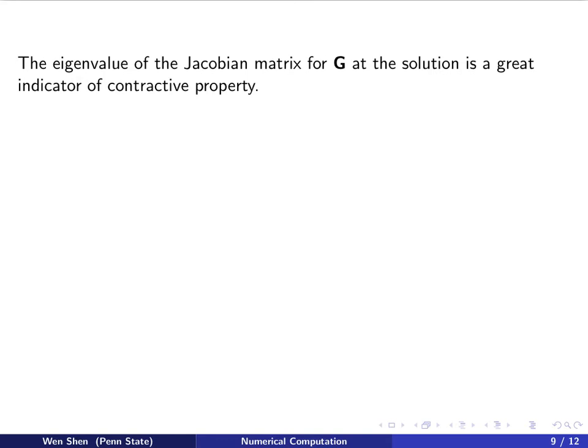To get an idea of if g is contractive, one can compute the eigenvalues of the Jacobian matrix for g. That will give you an indication of the contractive property of the value a, and the vector norm will be the regular Euclidean vector norm.